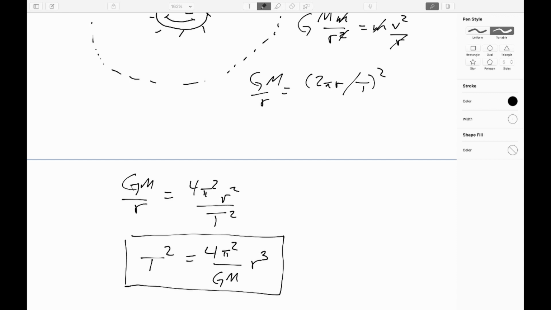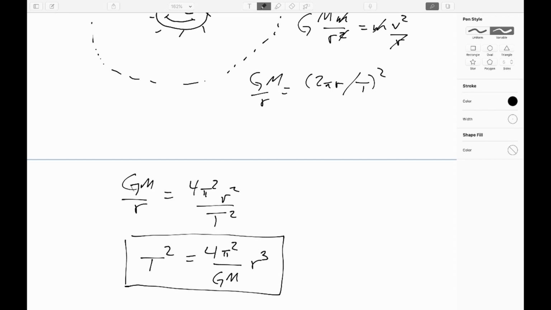Now, I swept some details under the rug. In reality, planets move in ellipses, most of which look very close to circles, but it does make the math a lot more tedious, but you get the same result. And the other thing is that I've assumed that the sun stays totally fixed, which isn't quite true.